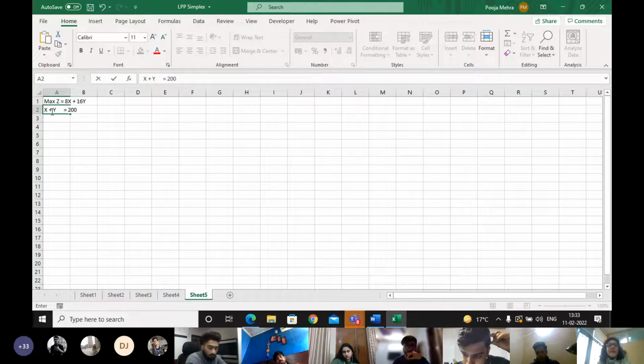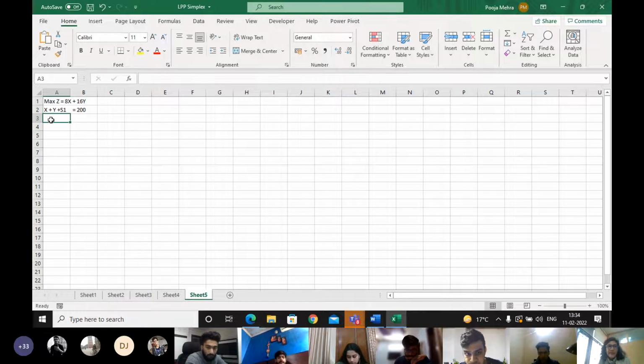For a less than type constraint, we need to add slack variables. Whether it is to be added or subtracted? Added. So I'll add S1 is equal to 200. Next, y is less than or equal to 125. So y plus S2 is equal to 125.